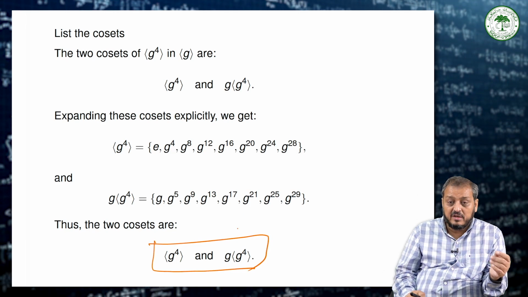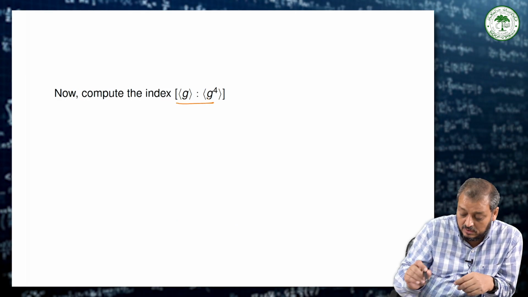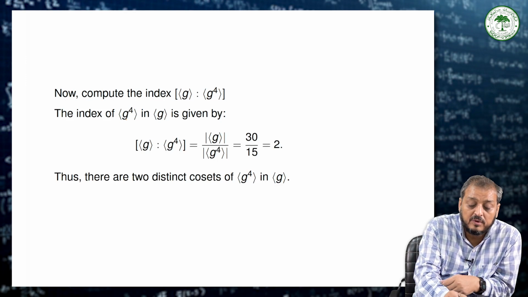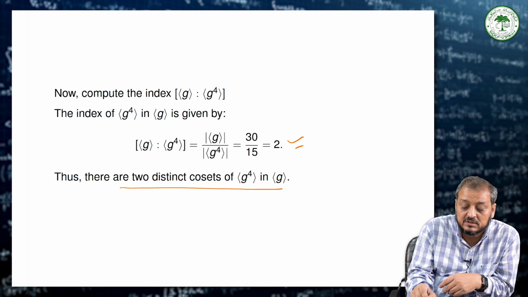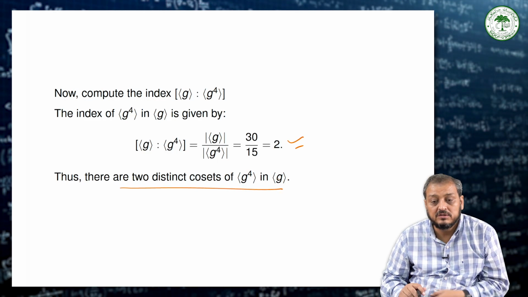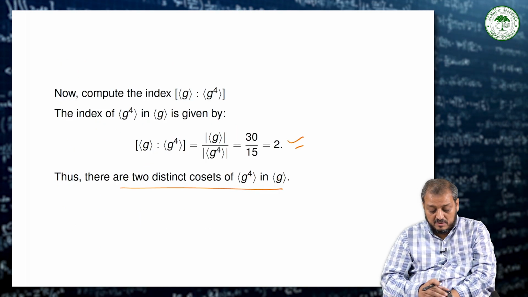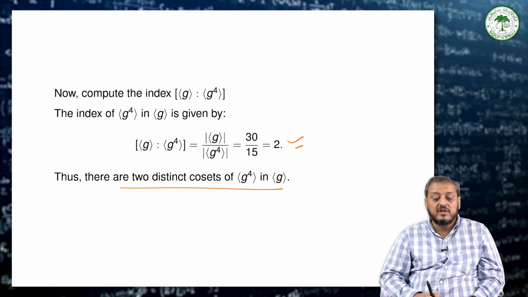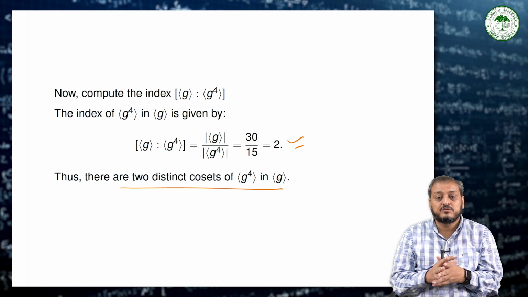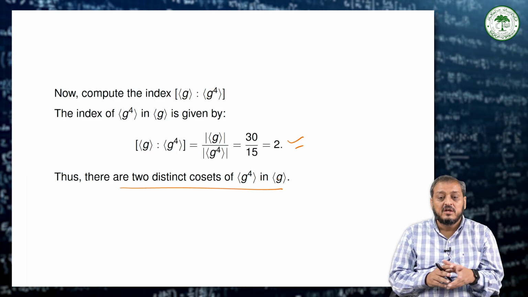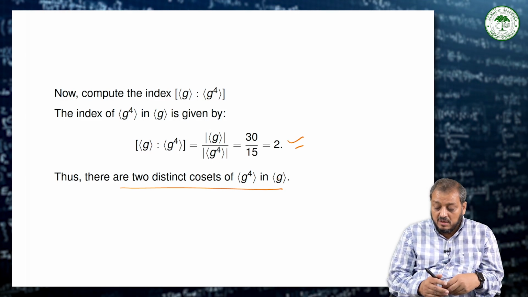Now we have to compute the index of g to the power 4 in G. So the index of g to the power 4 in G is equal to 2. There are only 2 distinct cosets of g to the power 4 in G. So this is the complete solution of this problem.